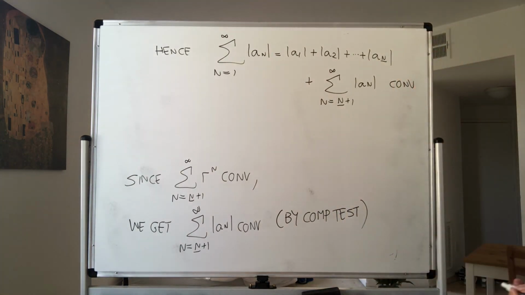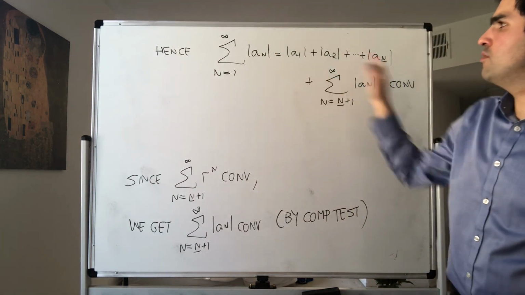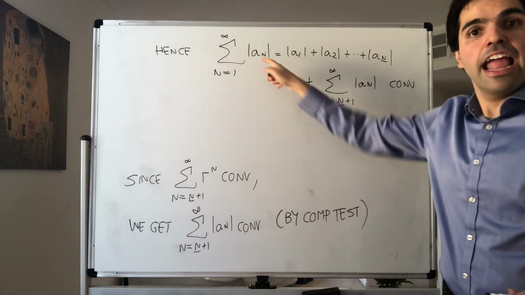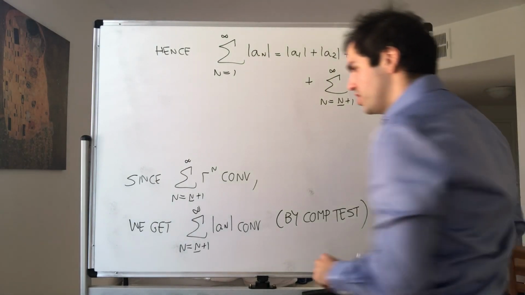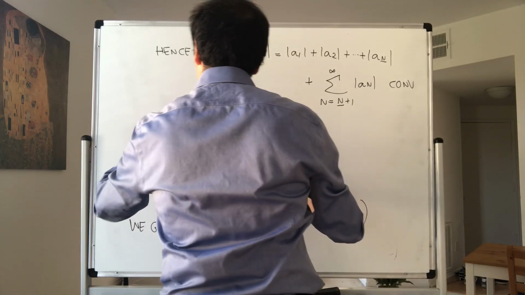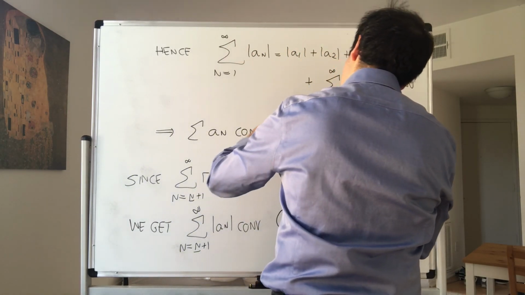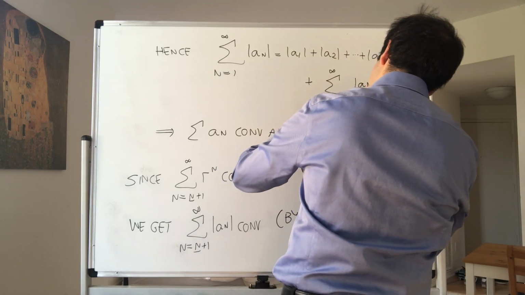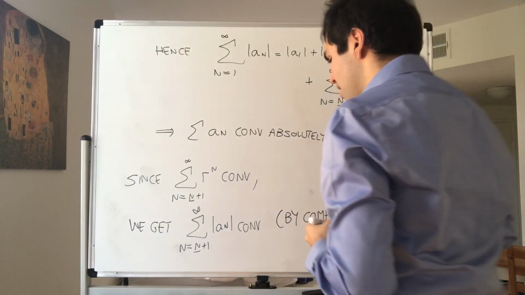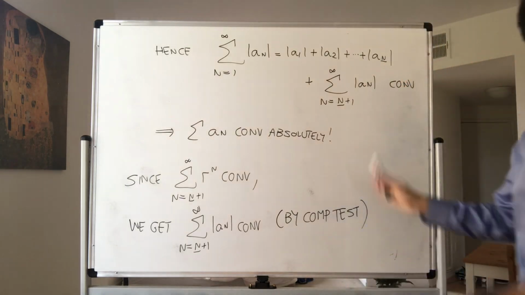And therefore this converges, but what does it mean for that series to converge? It means that the series of an converges absolutely. Alright, so that was the proof of 1.